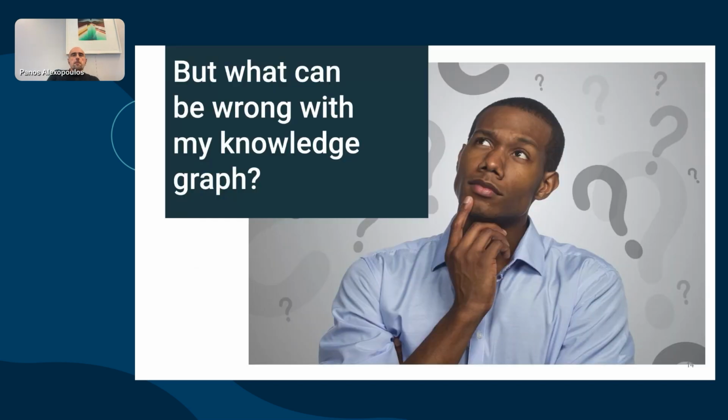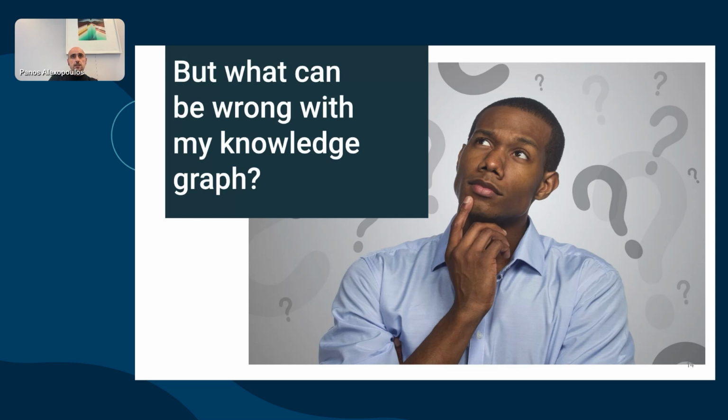Now, the question I get many times from people who build RAG systems, GraphRAG systems, is what can be wrong with my knowledge graph, right? Because in the articles that I read online, the proponents of GraphRAG say that a knowledge graph is good, is perfect, and works very well with the LLM.